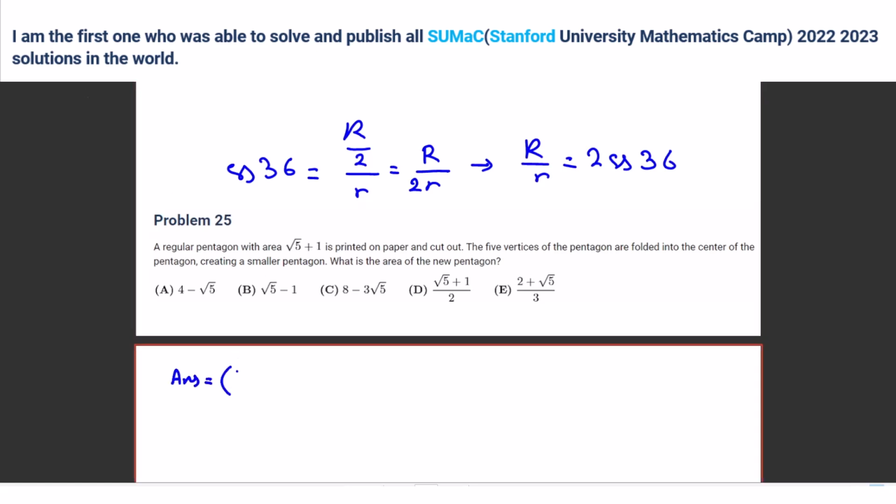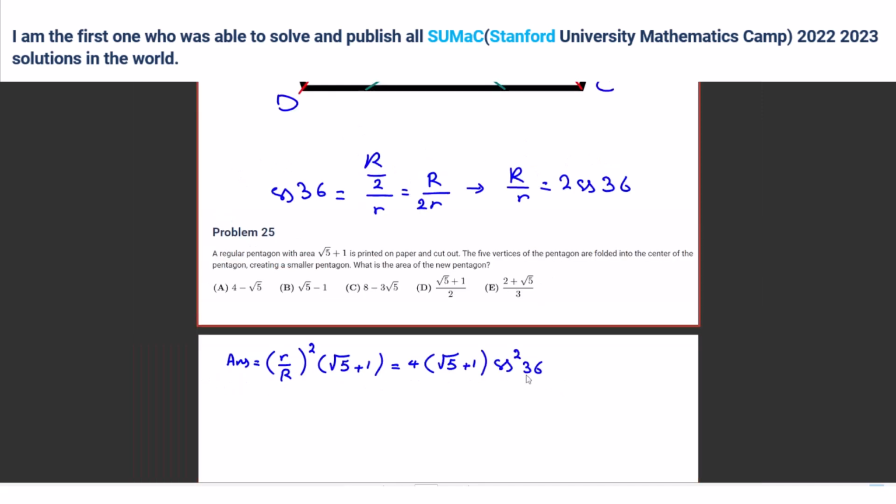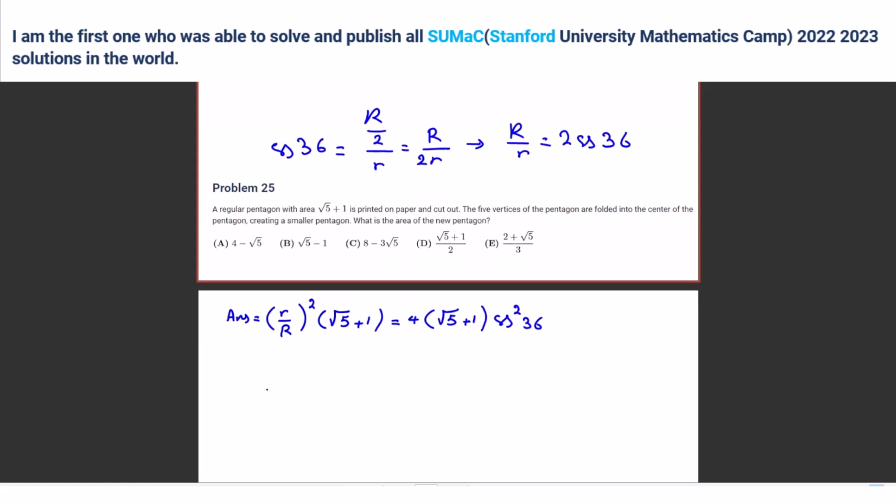Small r over big R squared is root 5 plus 1 over 4 times cos squared 36. Ah, sorry, it is in the denominator. So small r over big R is root 5 plus 1 over 4 cos squared 36, right?